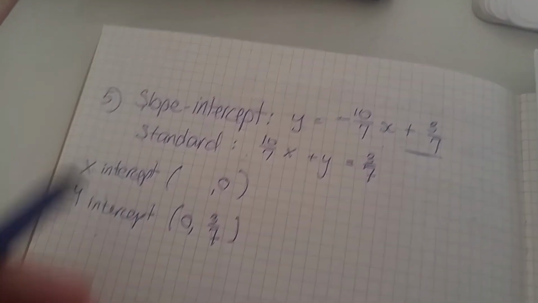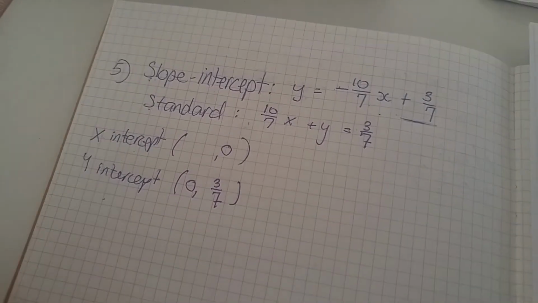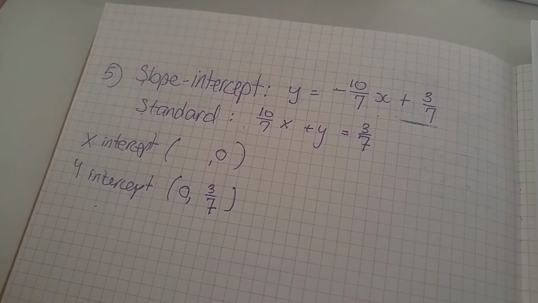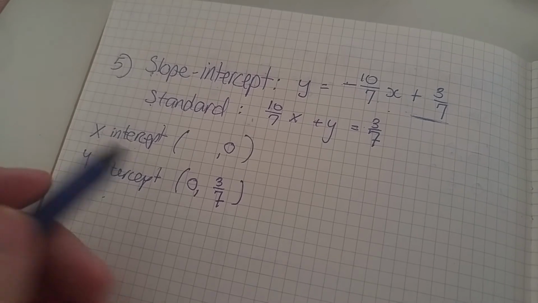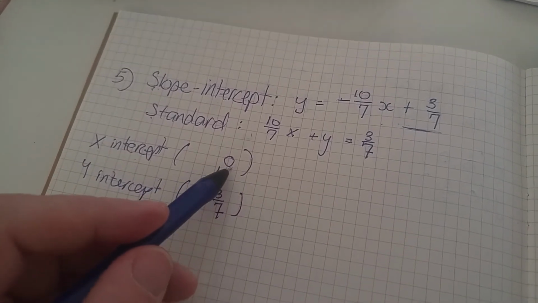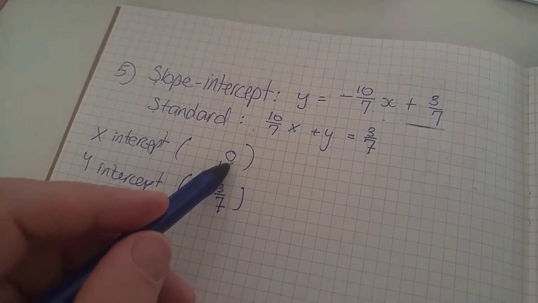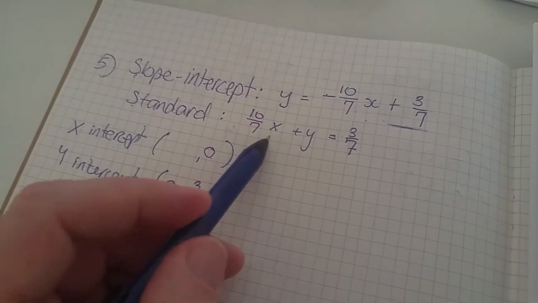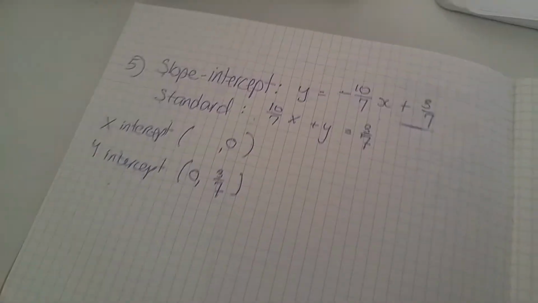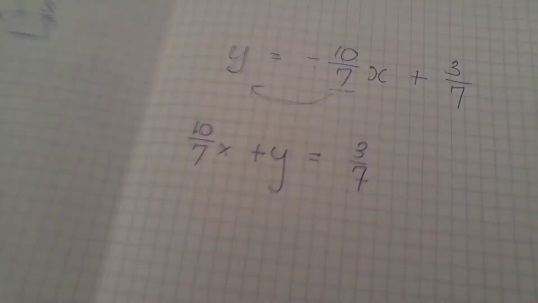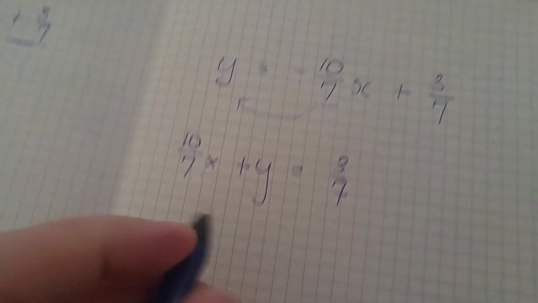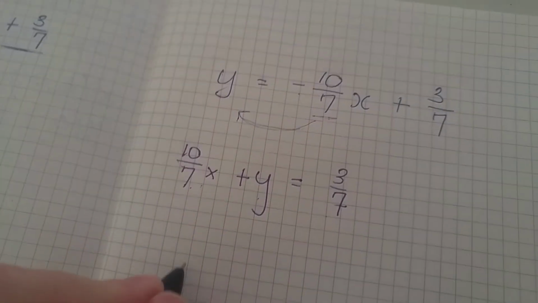Okay? To find the x-intercept is a little bit more difficult. What we need to do is say that the y equals 0. So we use the standard form in this particular case. Going back to our standard form here, we're going to substitute 0 in for y.